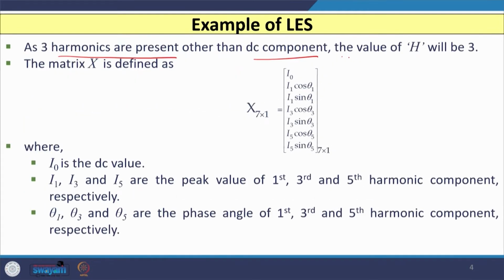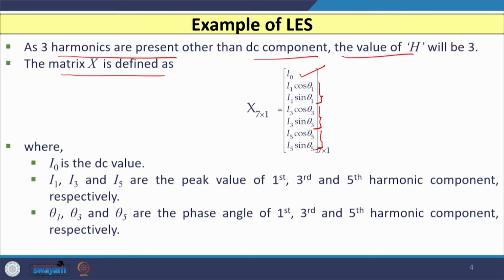So, we have the value of H as 3 in this case, and the size of matrix X is 7 cross 1, in which it contains the DC term I 0, the first fundamental term I 1 cos theta 1 and I 1 sin theta 1, the third harmonic I 3 cos theta 3 and I 3 sin theta 3, and the fifth harmonic term I 5 cos theta 5 and I 5 sin theta 5.